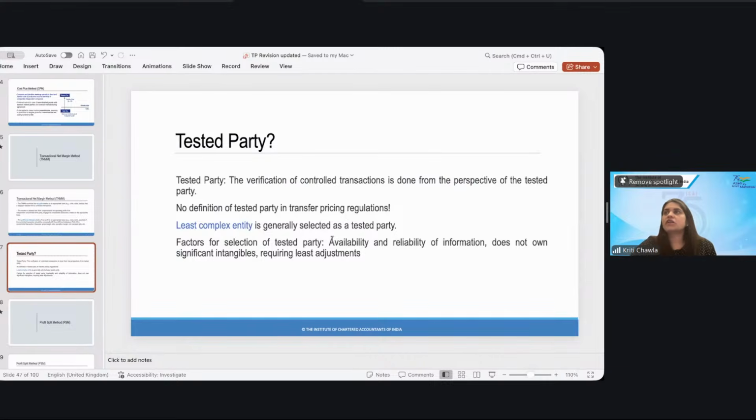Then whatever party does not own significant intangibles, that will become the tested party. And they should require least adjustments, that will become the tested party. So this concept is going to be called as the tested party. So this concept is called as the TNMM, the transactional net margin method.